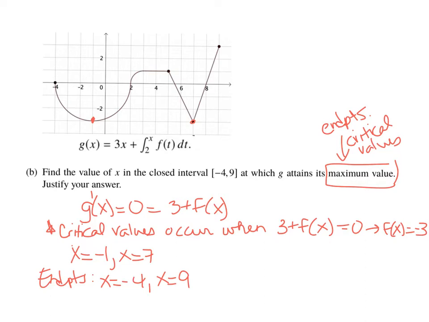So in order to figure out where our max is going to be, what we're going to do is take all of these x values and evaluate g at those values. So unfortunately, this one is kind of a long, complicated problem.